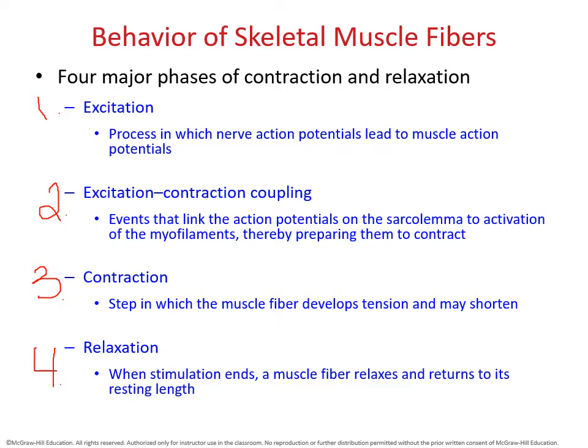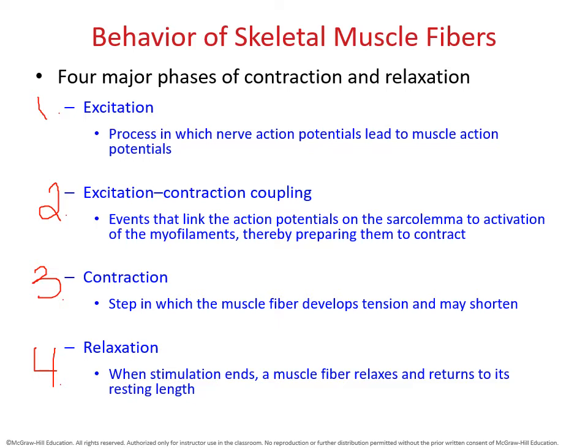Excitation is going to be all about getting your nerve to send a nerve signal down its axon and releasing that acetylcholine. The excitation-contraction coupling is going to be once the excitement reaches the sarcolemma, now we need to take those acetylcholine receptors and be able to transmit that communication between the nerve and the muscle.